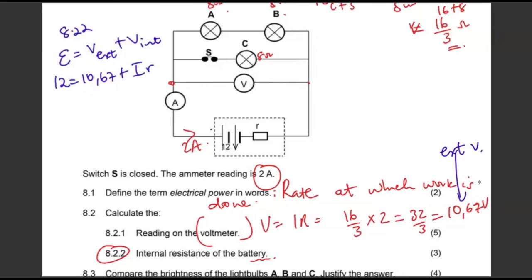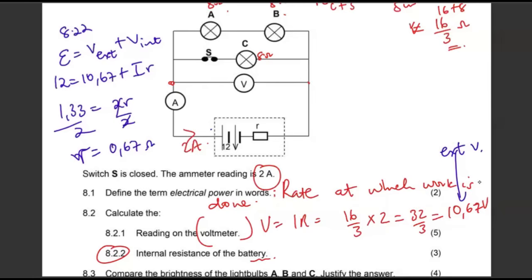What is 12 minus 10.67? That becomes 1.33, which is equivalent to 2 times r, so r is 1.33 over 2. I'm getting 0.67, meaning that the internal resistance is 0.67 ohms. That is how we would have worked out the internal resistance.